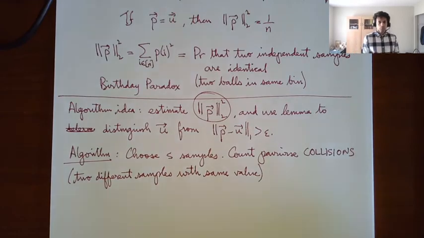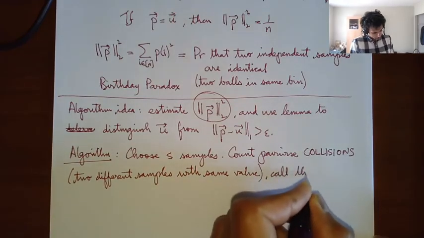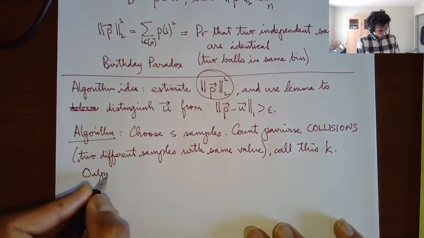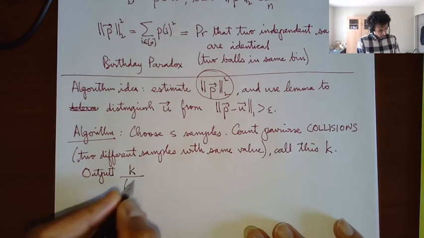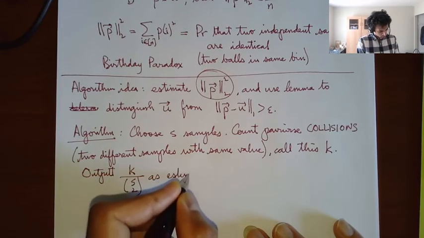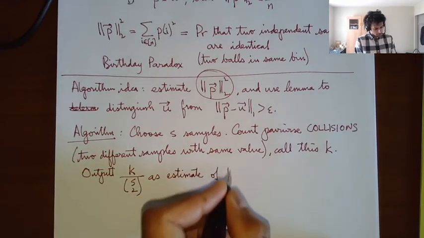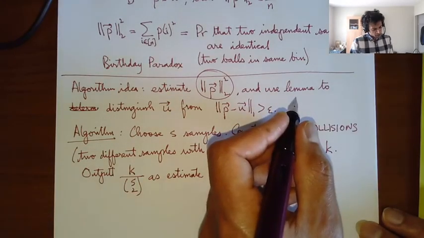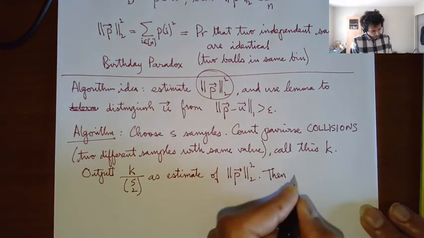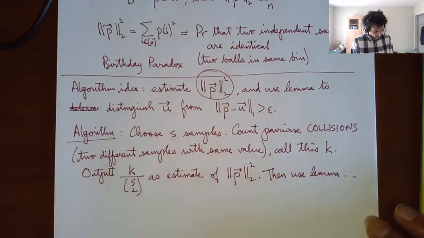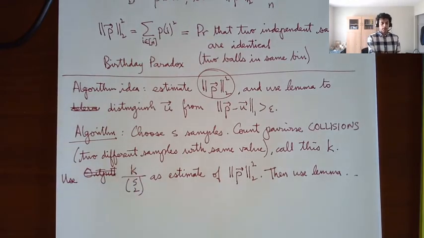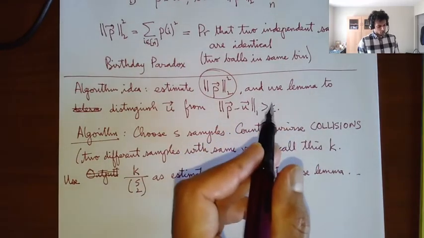So we're going to count pairwise collisions and call this K. Use K divided by S choose 2 as the estimate of this 2 norm squared, and then use the lemma as above.